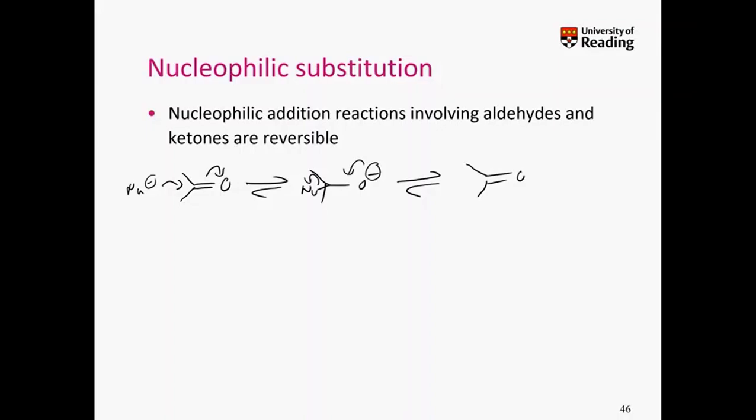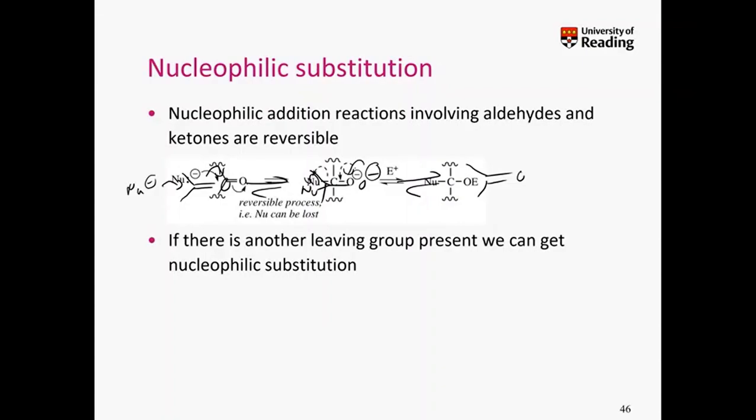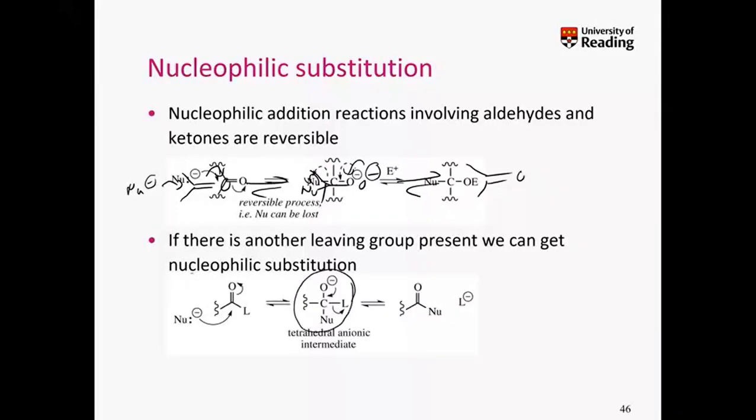So what happens if we have another leaving group present? If we have another leaving group present, we can do the same thing. Look, we start by drawing our arrow in. Our nucleophile attacks our carbonyl carbon. We then break the carbon-oxygen double bond. Then we end up with this tetrahedral species, which we've had all along.